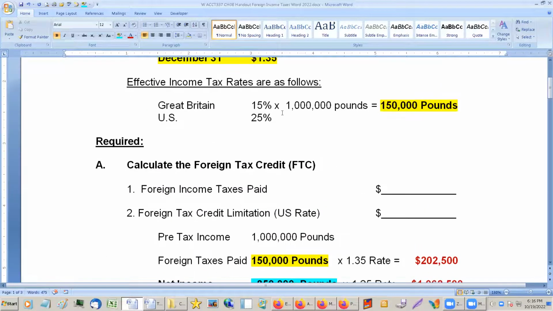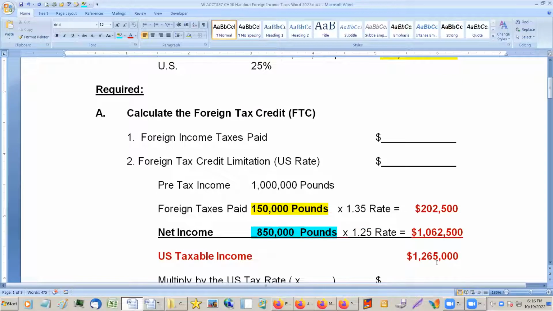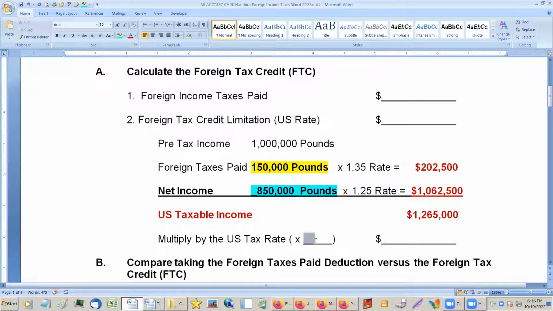Okay, now you could multiply it up here, 25% times, and I'm going to do it down here, but it's the same thing.